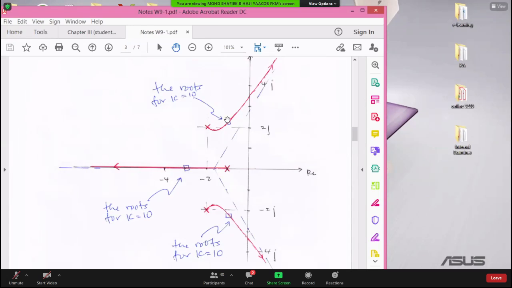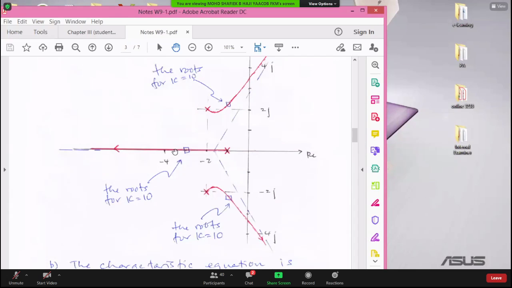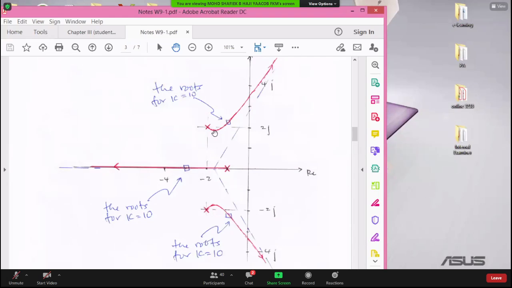The roots must be on the locus, on the red line. If you don't land on the red line, there's something wrong with your computation. For k equal to 10, you have three roots, which should be on the locus.